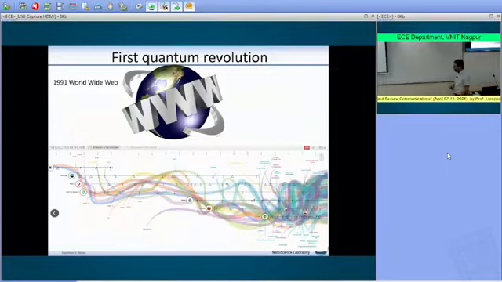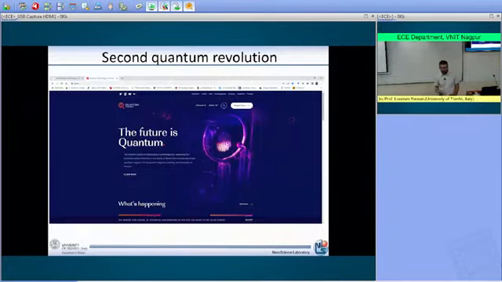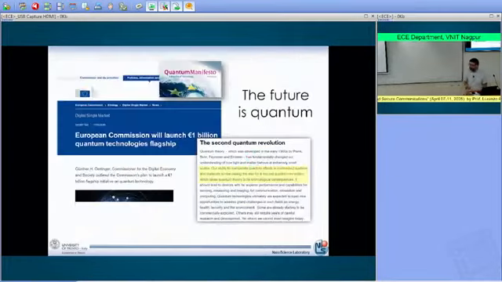Starting from this development, at the beginning of 2000, people started to say that we are on the dawn of the second quantum revolution. Indeed, at the European level, an initiative called the Quantum Initiative started, by which people are investing strongly in quantum technology because they believe the future is based on quantum physics. Therefore, the European Commission, almost 10 years ago, launched a flagship program about quantum technologies.